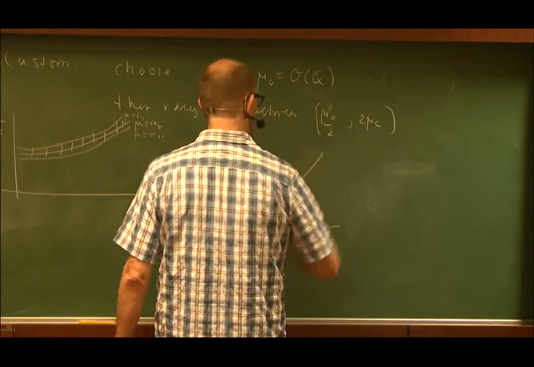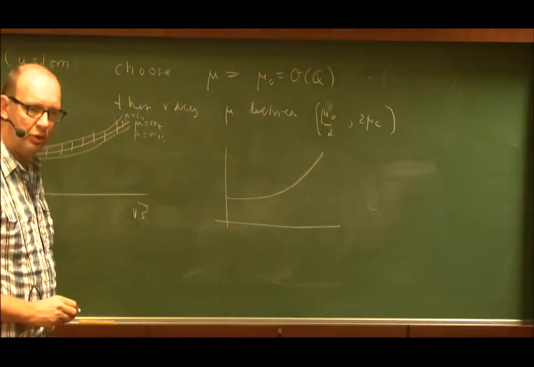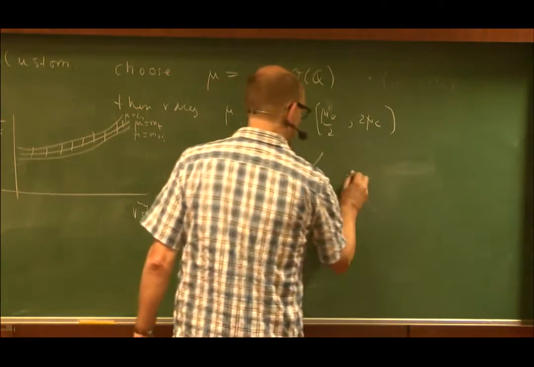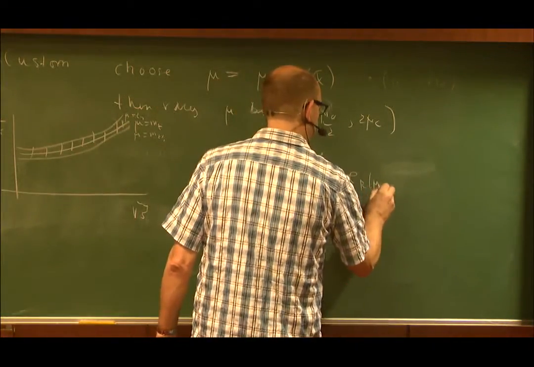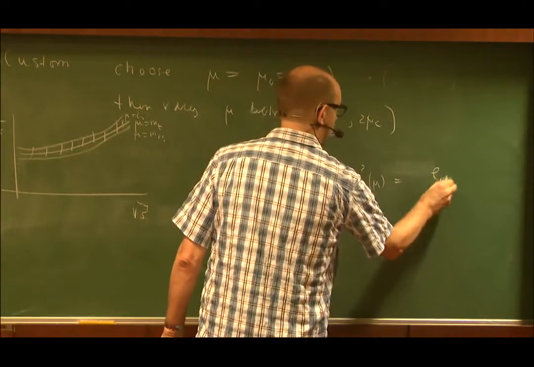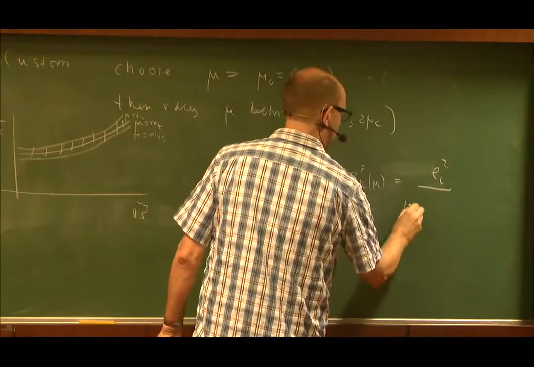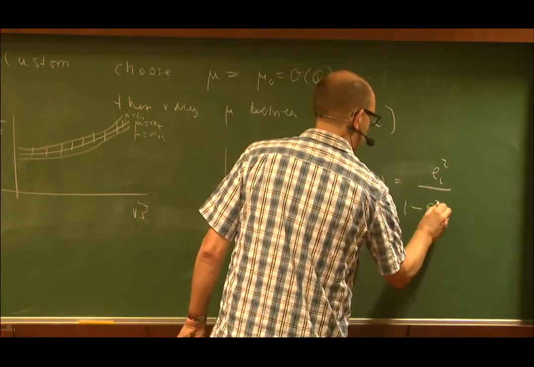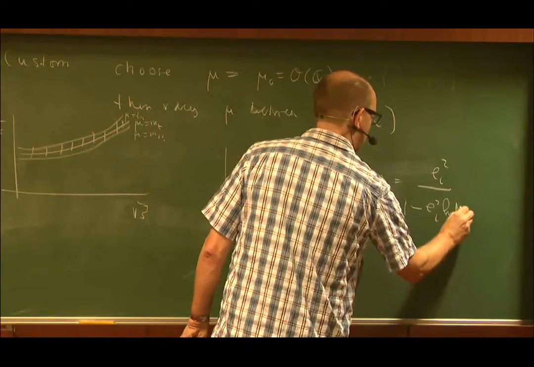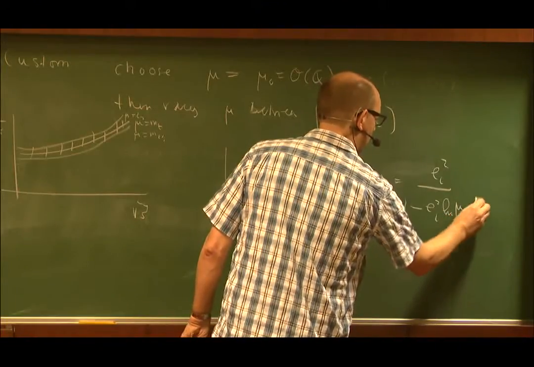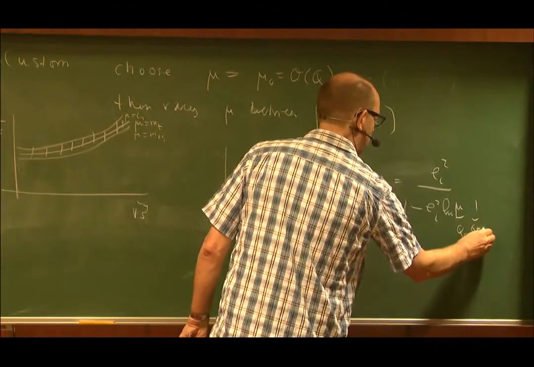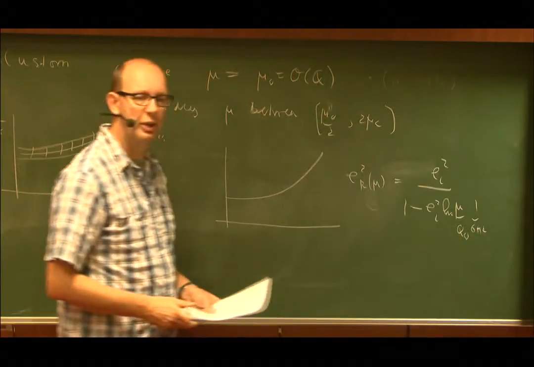We had the QED coupling, and we had that the running coupling at some high scale mu, and you've actually solved this in the tutorial, was equal to 1 minus e_i squared log mu over Q0 times 1 over 6 pi squared. Right?